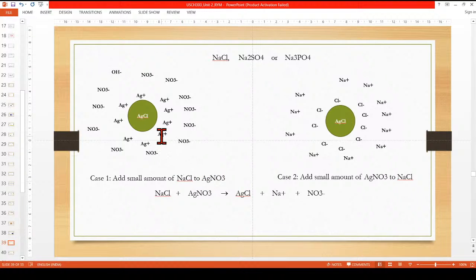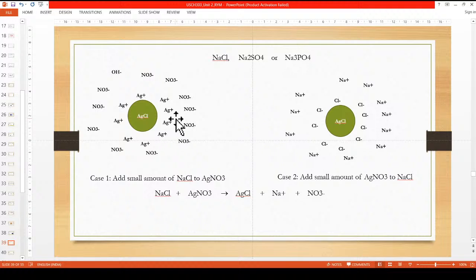Therefore all those Ag plus ions will form a layer of positively charged ions surrounding that AgCl. This positively charged first layer is called the primary layer. The common ions will remain adhered around the surface of your first formed particle AgCl. So this is your primary layer.